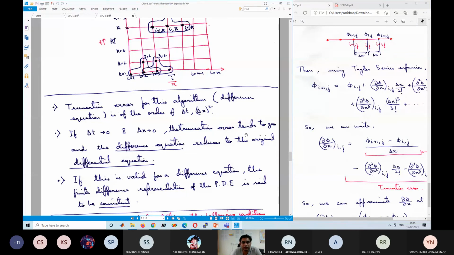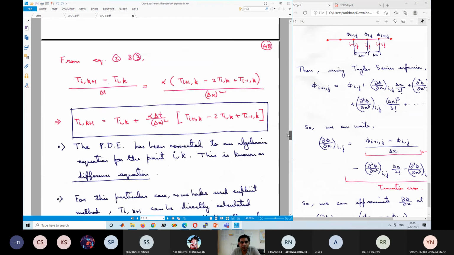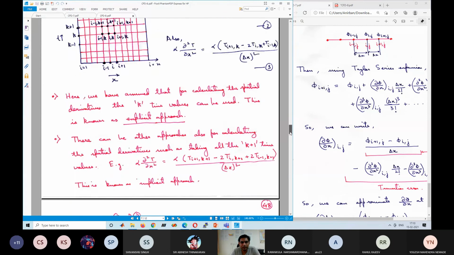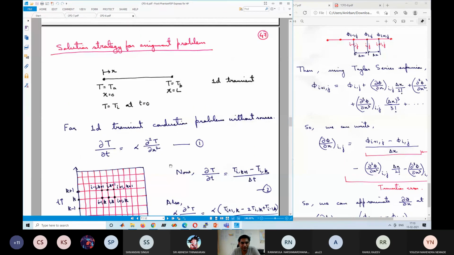So the truncation error tends to 0, and the difference equation becomes equal to the original differential equation. What is the difference between difference equation and differential equation? This is the difference equation. And this is the differential equation.